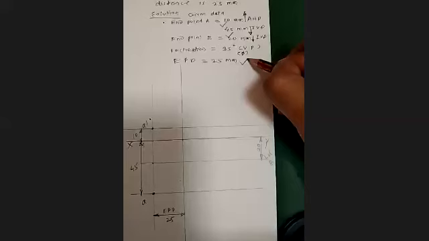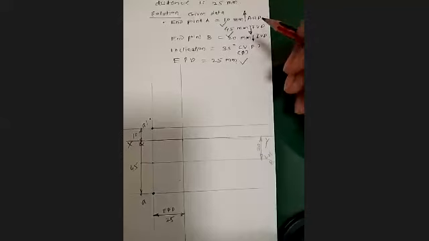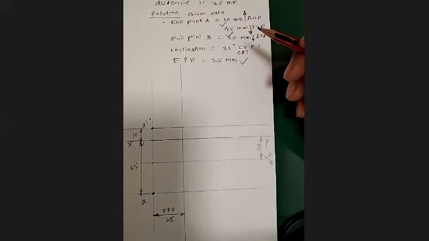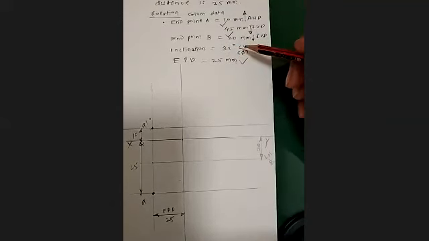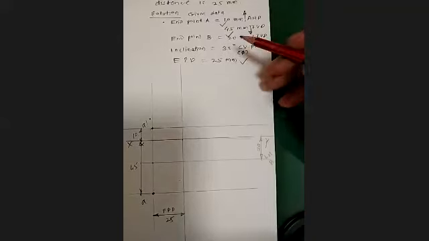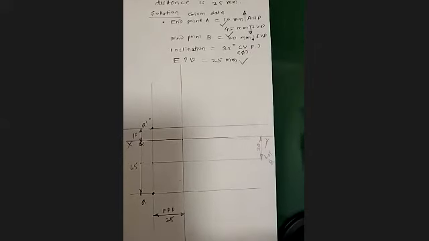This is already done. Now we can take this 35 degree inclination to VP. From which point are we supposed to take this 35 degree? Anyone? Please respond. Yes, from point A. Absolutely right.